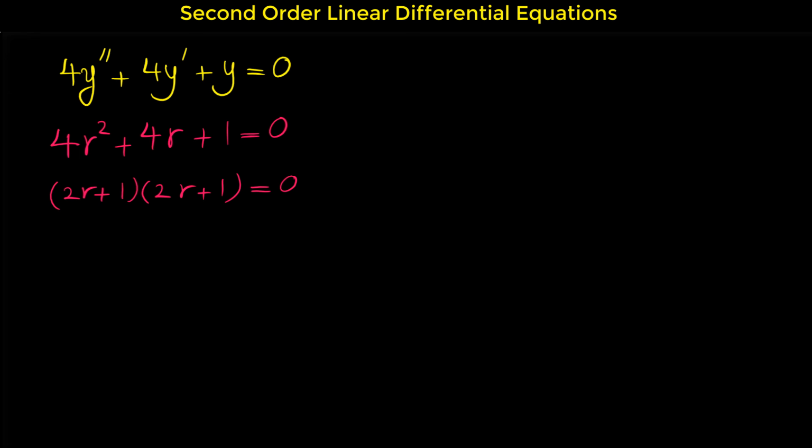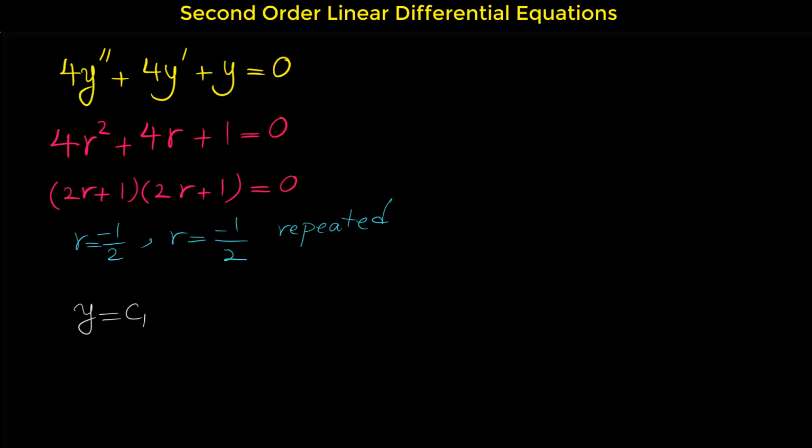Now from here, r equals negative 1 over 2. If we set this equal to 0, r is negative 1 over 2. And from the other bracket, because it's the same, we get the same number. So this shows that we have repeated roots. And because we have repeated roots, we have to use this formula for the solution.